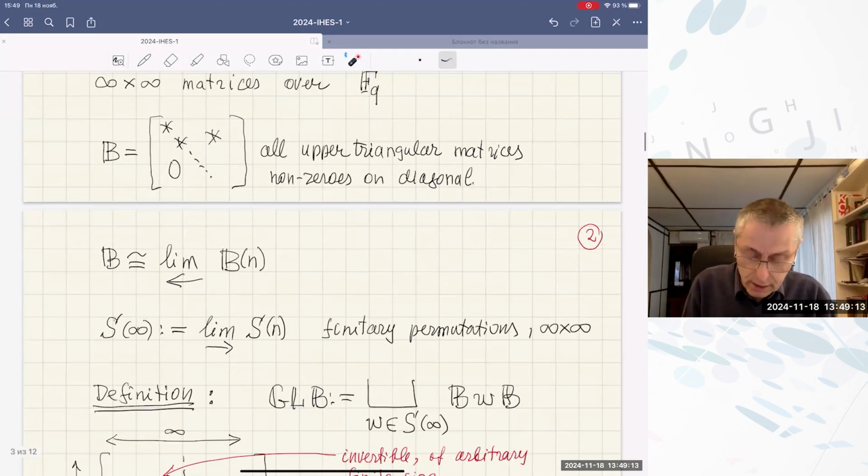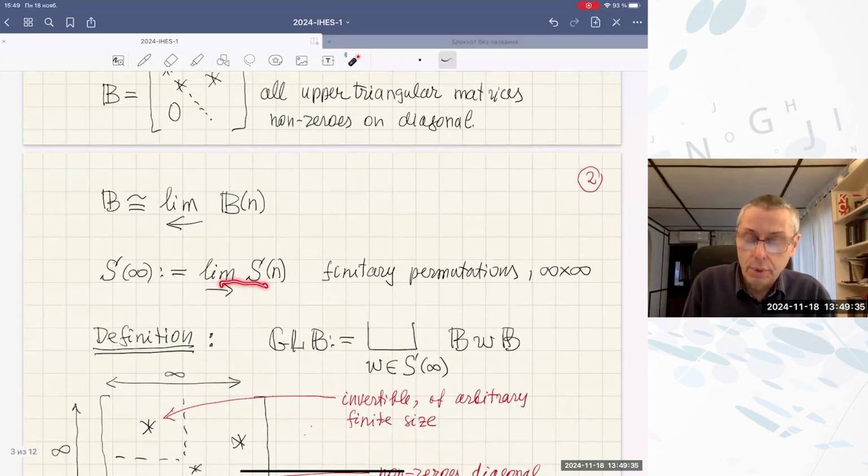Next, I need the infinite symmetric group, which I understand as the inductive limit, not projective, but inductive limit. This group can be viewed as the group of finitary permutation matrices of infinite order. So this is a countable group, and this is, of course, a group which is non-countable and compact. Now the first version of the definition.